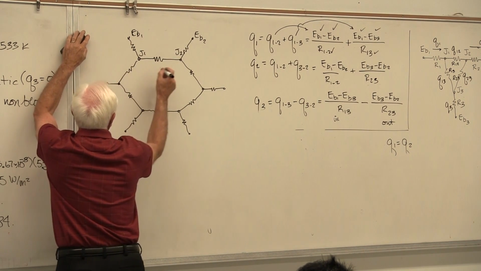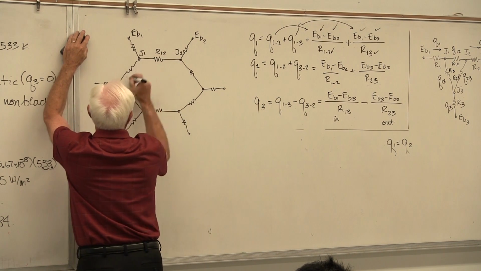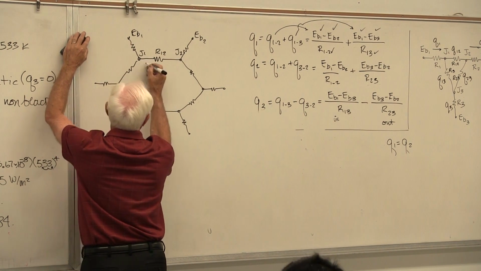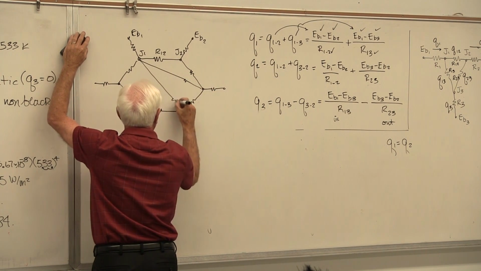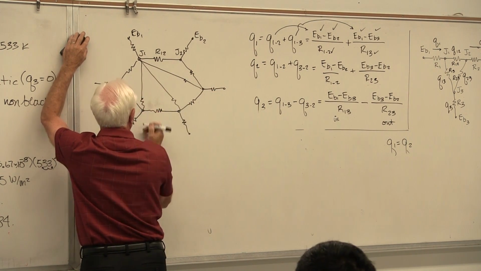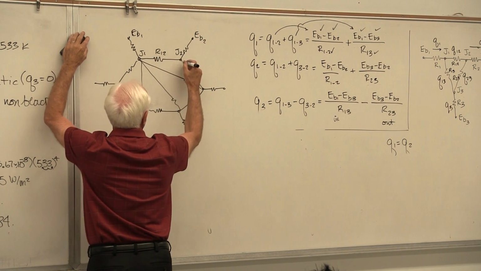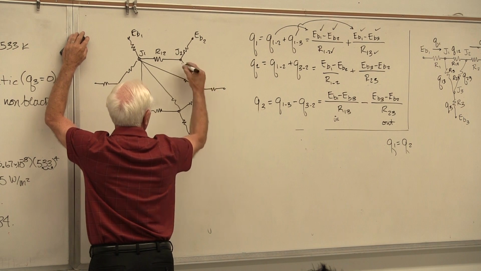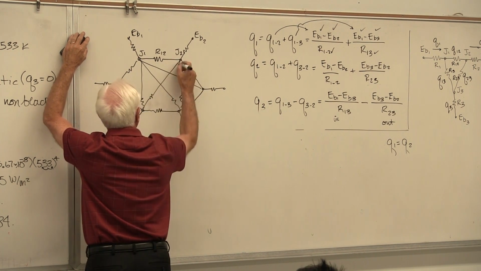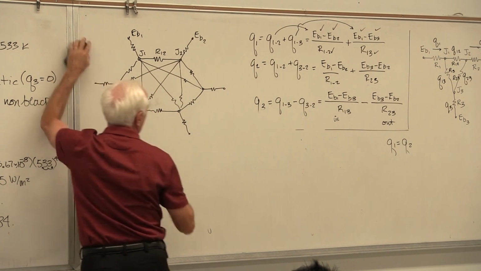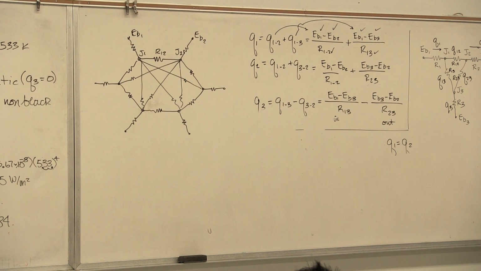This is R12. This is R16. This is R13, R14, R15. This is R21. This is R23. This is R24. This is R25. This is R26. Oh, you keep going? Looks like somebody built a plate of spaghetti on the floor.